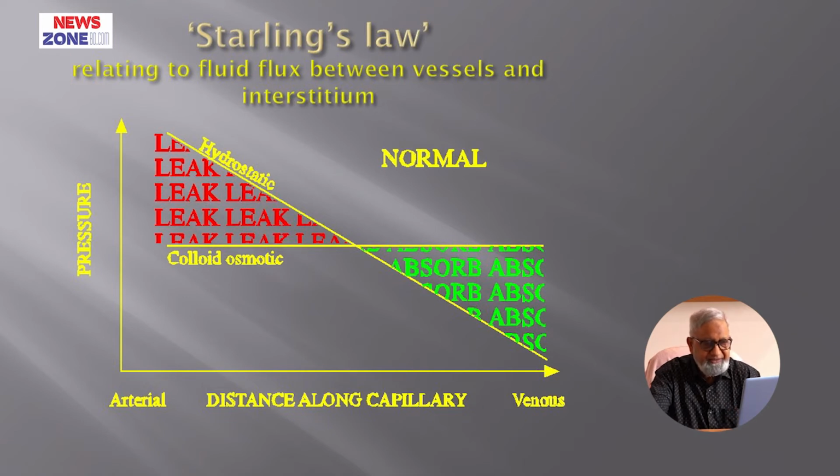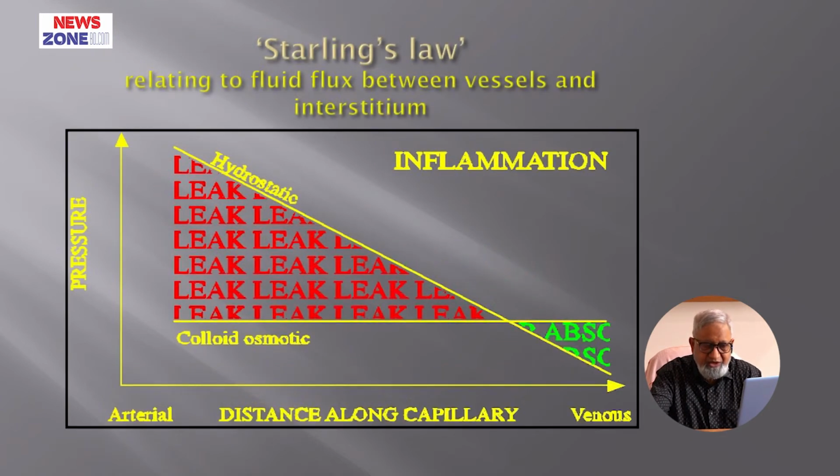So, what happens? Normally, some fluid leaks at the arterial end, and this leaked fluid is reabsorbed at the venous end. So, in the normal case there is no edematous fluid or abnormal fluid accumulation in the interstitial space.